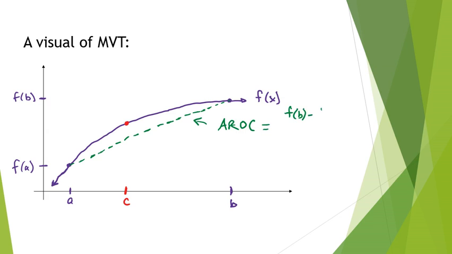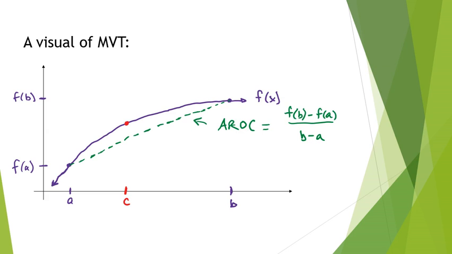And the average rate of change of a function over an interval is the difference in the y values divided by the difference in the x values. The average rate of change of this function over this interval a comma b is f of b minus f of a over b minus a.